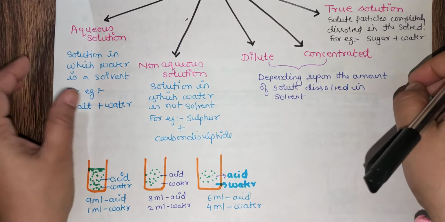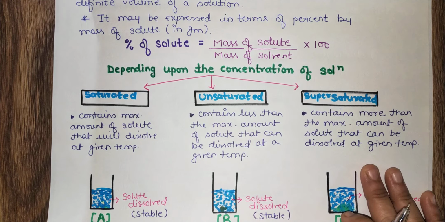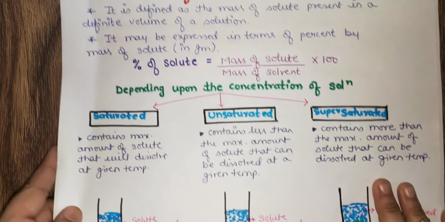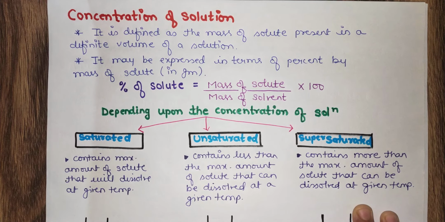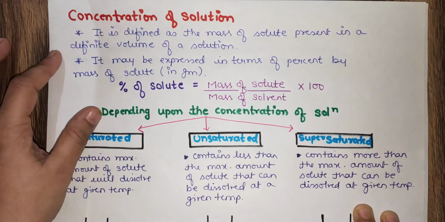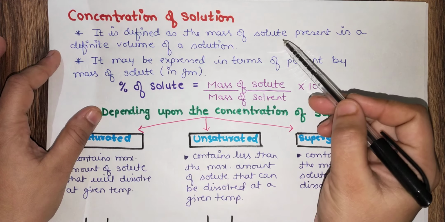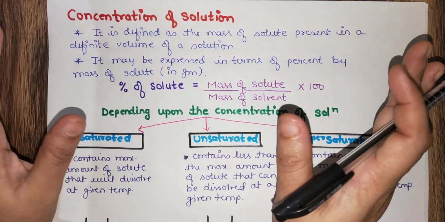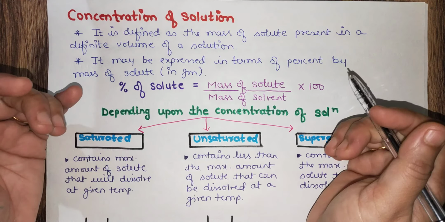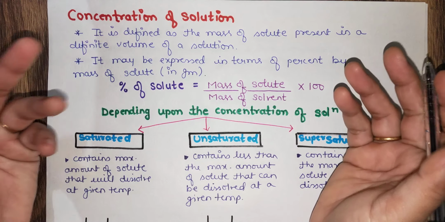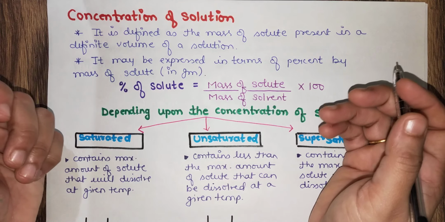Now let us study the concentration of a solution. Concentration of a solution is defined as the mass of solute present in a definite volume of a solution. It may be expressed in terms of percentage by mass of solute in grams.